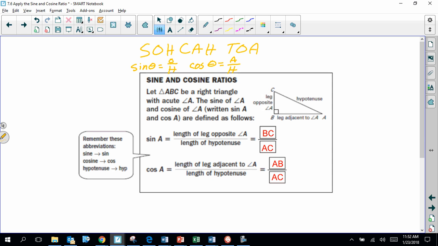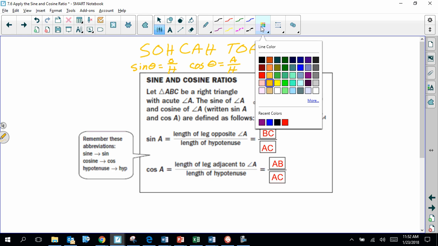That's how we're going to set up our ratios whenever we're trying to find missing sides or angles of right triangles using sine or cosine. Now, just like what we talked about with tangent, the opposite side and the adjacent side change relative to where the angle is.